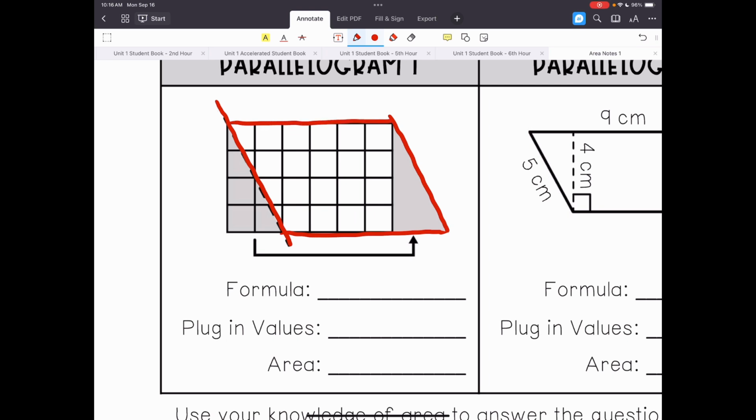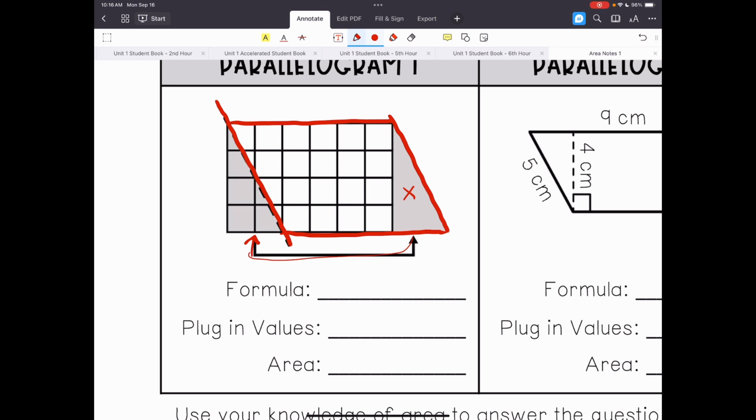So this is the original parallelogram. But what we're going to do is take this triangle on this end, and go over to the other end, and tag it onto the other end. Even though I'm cutting it off and moving it, the area is remaining the same because when you take something away, but then add it back onto the same thing, nothing actually changed, because you did opposite inverse operations.